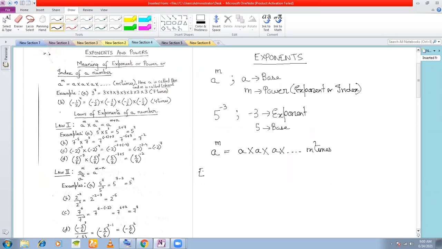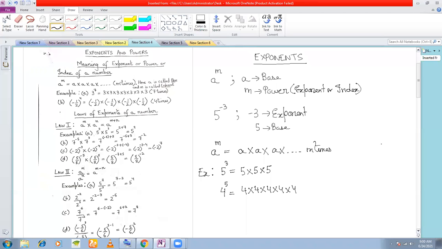For example, 5 cube means 5 is multiplied by itself 3 times. If I have 4 to the power of 5, it means 4 is multiplied by itself 5 times. This is the meaning of the power of a number.